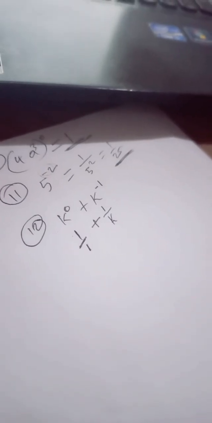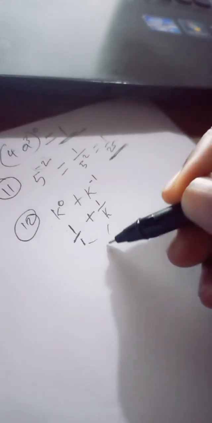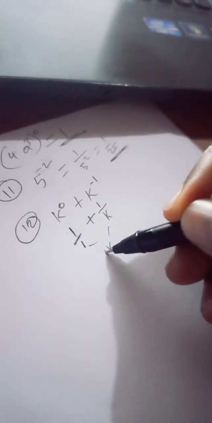So if we want to continue, remember this is over what? 1. And we add just like the way we did fractions down there in grade 6, 7, 8. Common denominator is k.